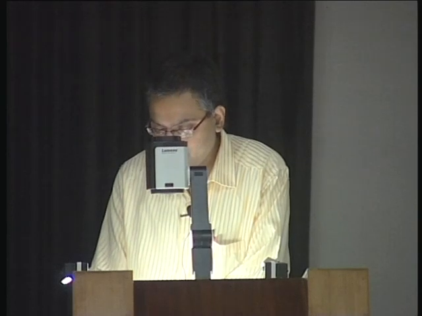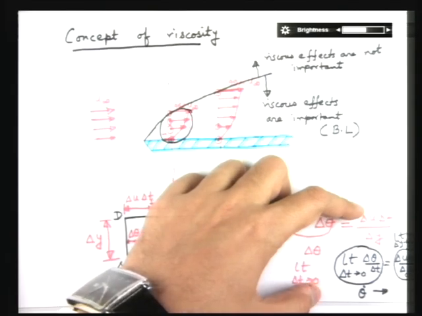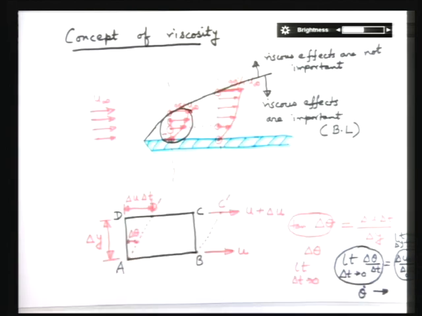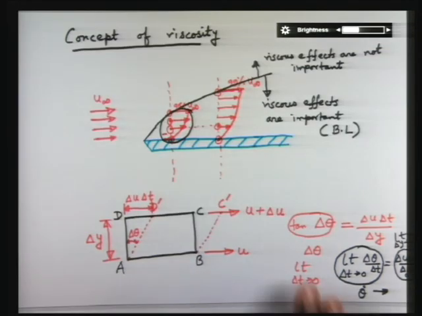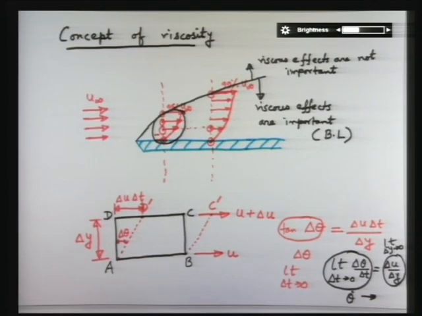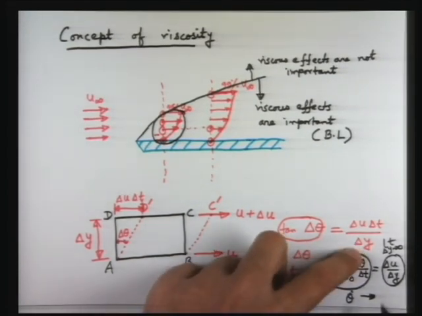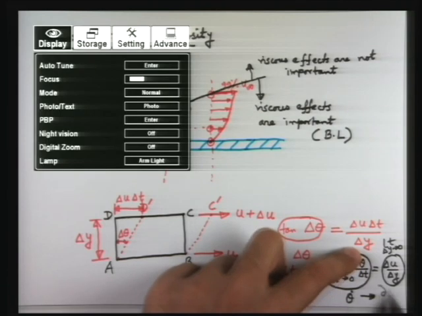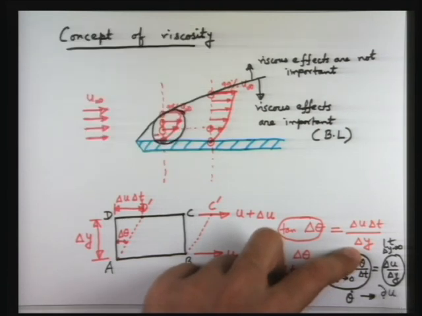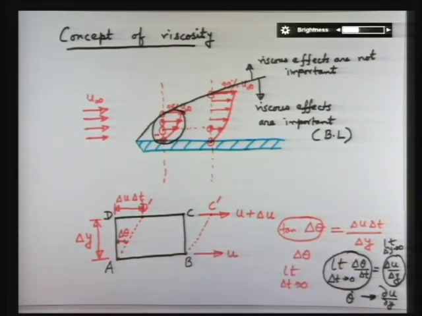This is the rate of angular deformation or theta dot, and this is expressed as limit as delta y tends to 0, which is the partial rate of change of u with respect to y.